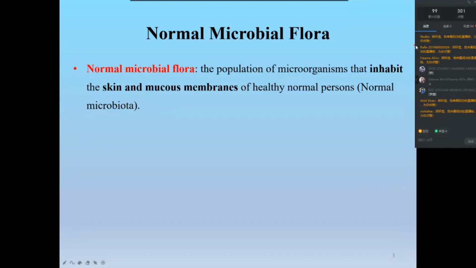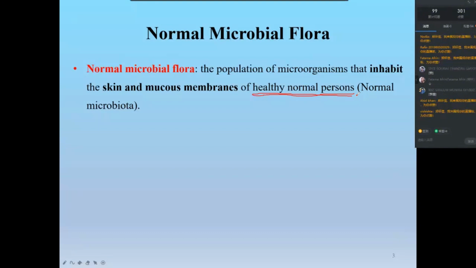Here you should remember several points. First, it's on healthy normal persons. This person must be healthy, a normal person. They are not guests there. They are living there, so they inhabit there.